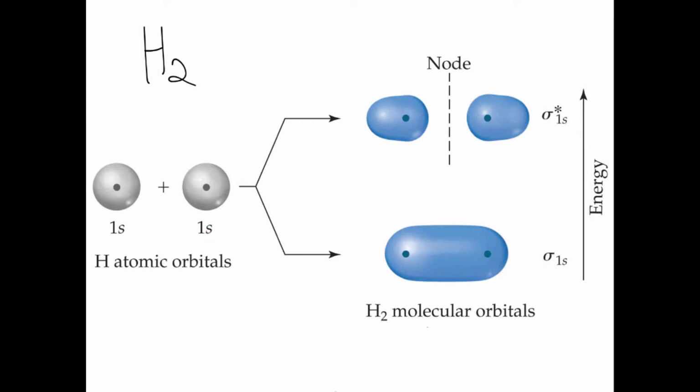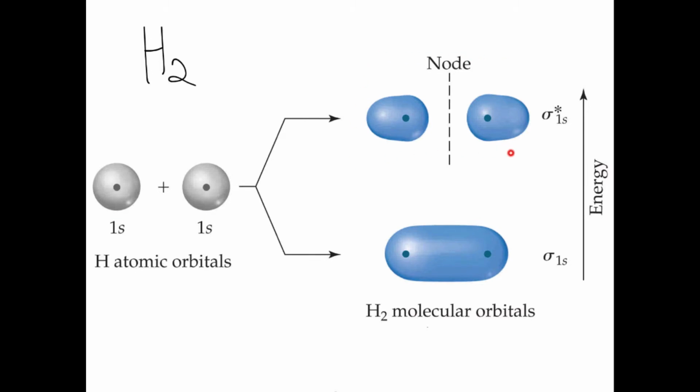So sigma meaning that it overlaps or comes together in one place in exactly the same way as we discussed in valence bond theory. So it comes together along one axis, and it's built of 1s orbitals. So this is a sigma 1s molecular orbital in exactly an analogous fashion, where this was constructed from the additive combination of our 2 1s ingredients.